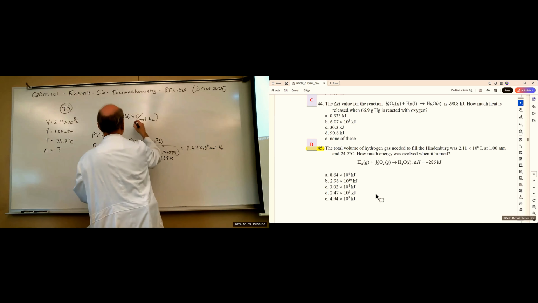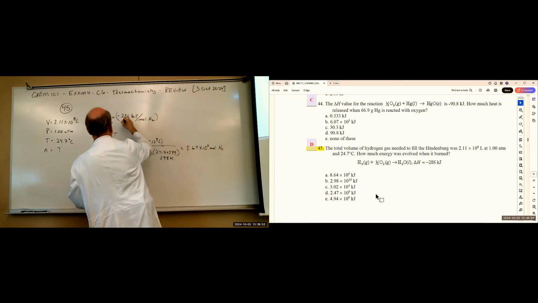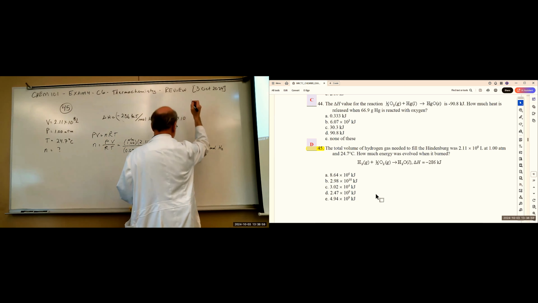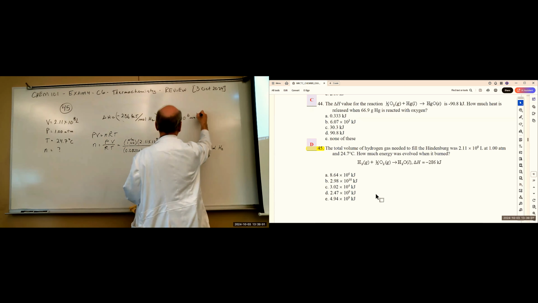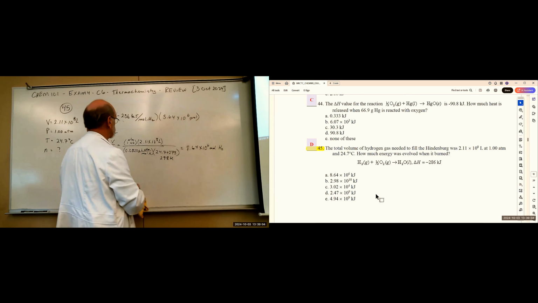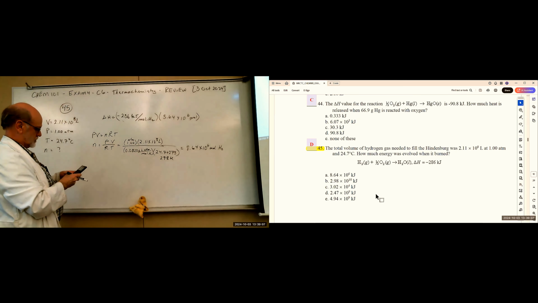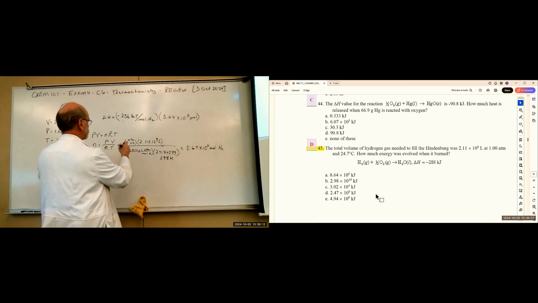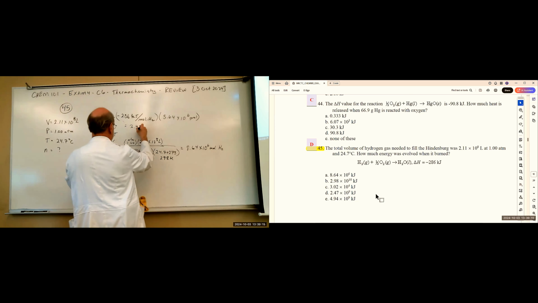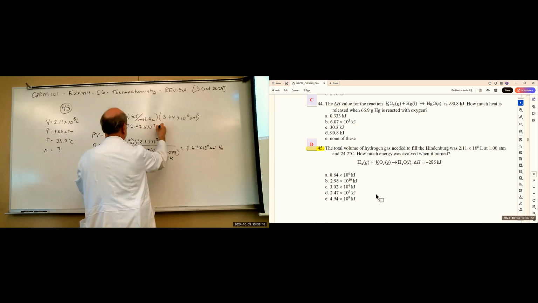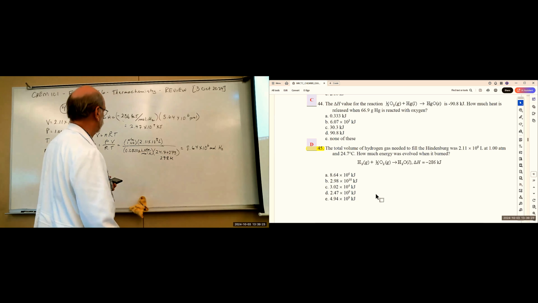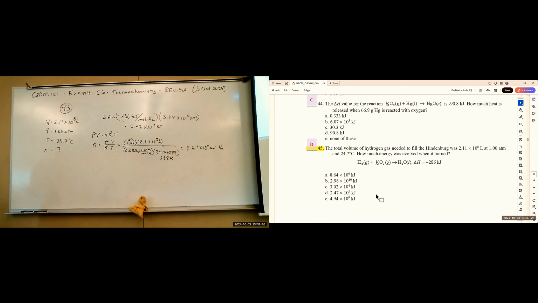Now we can multiply that times this value. 8.64 times 10⁶ moles. And the moles cancel, leaving us with kilojoules. So 286. I get 2.47 times 10⁹. So it's not D. Yeah. Okay. A lot of energy.